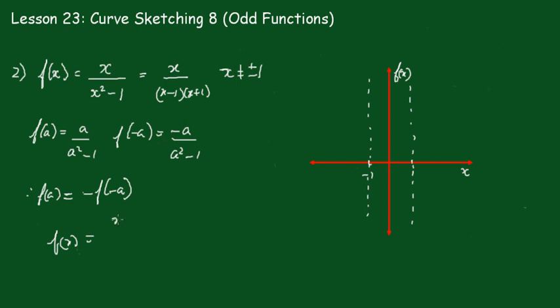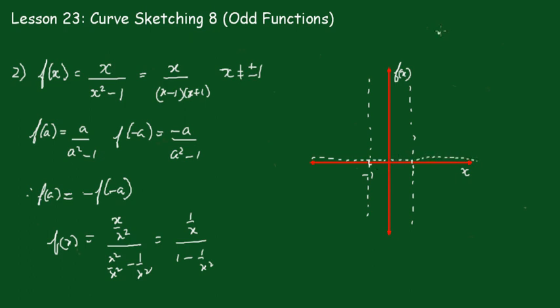We get x on x squared over x squared on x squared minus 1 on x squared. This becomes 1 on x over 1 minus 1 on x squared. Now as x goes towards infinity, this goes towards 0, this goes towards 0, so we have 0 and 1, so we have 0. So the other asymptote is the x-axis, y equals 0.